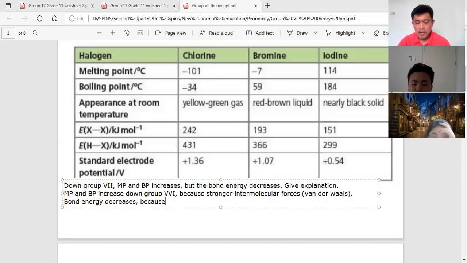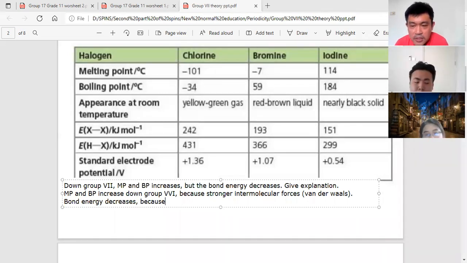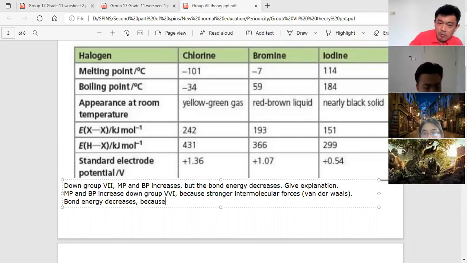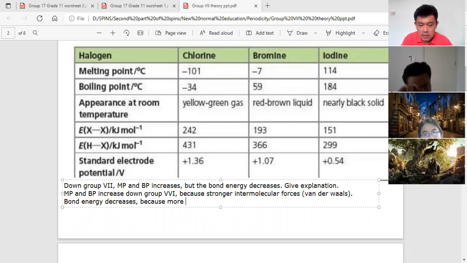Okay, thank you Yupin for giving the explanation about melting point and boiling point. Now for the bond energy, can I ask Rich? Yes, about bond energy. Because of a bigger shielding effect, more shielding effect down the group. Shielding effect.